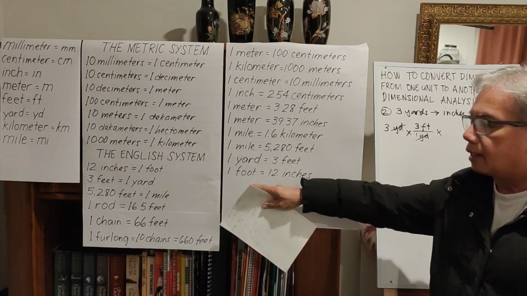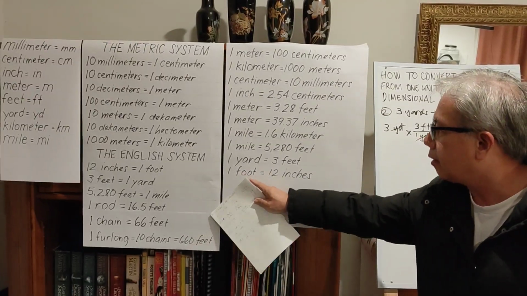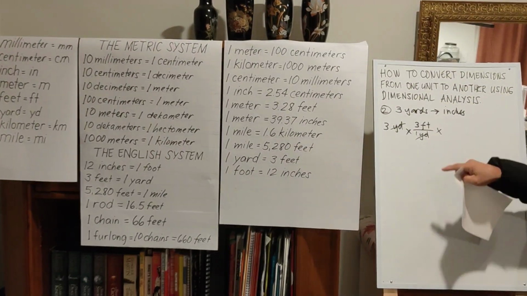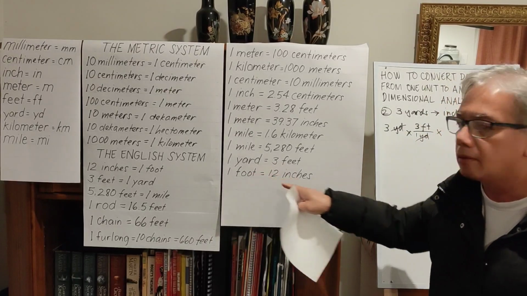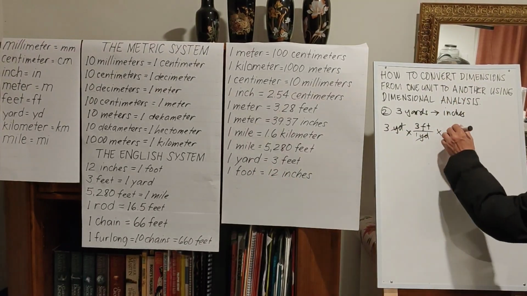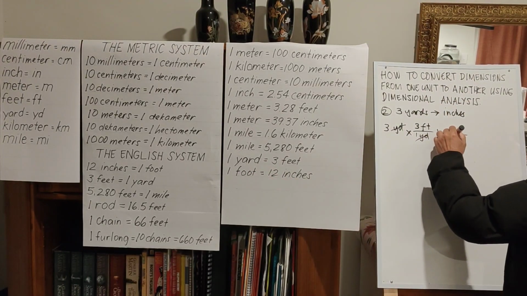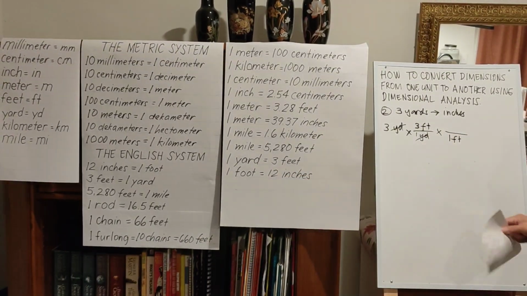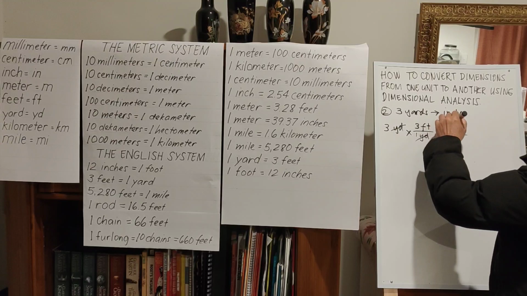Next, we get the second conversion. 1 foot is equal to 12 inches. Now, our question now is in feet. So we have to put this one into the denominator to cancel out. So we have 1 foot, and then these 12 inches will go into the numerator.